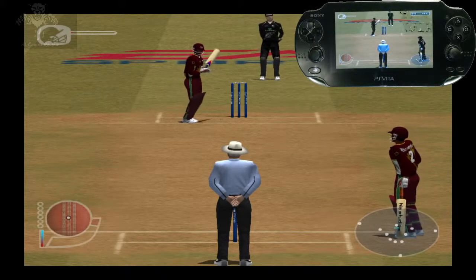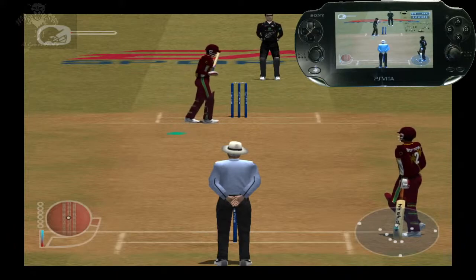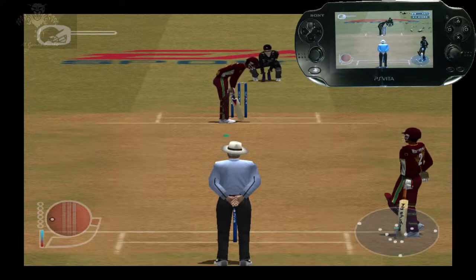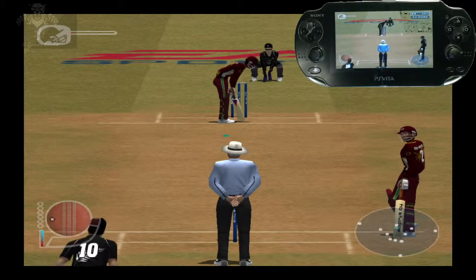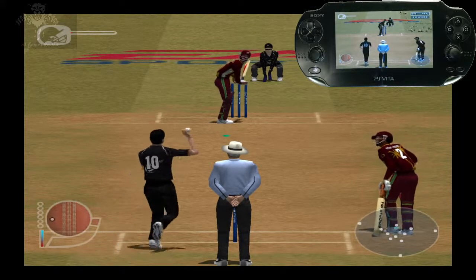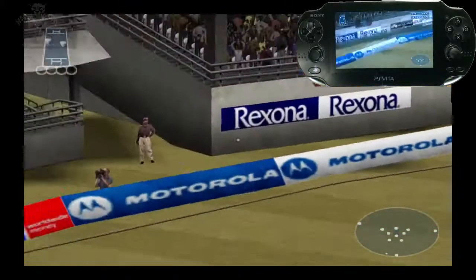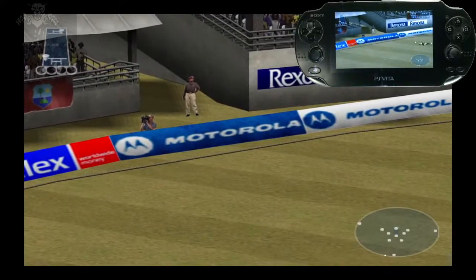Tuffy for the last of his allotted overs. Clear the boundary, 6 runs. Tuffy won't like that at all.